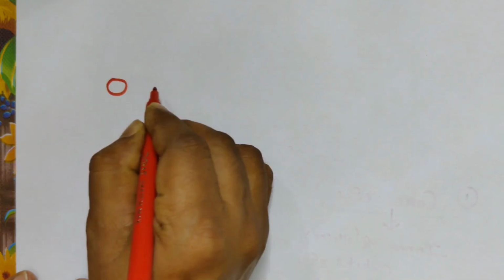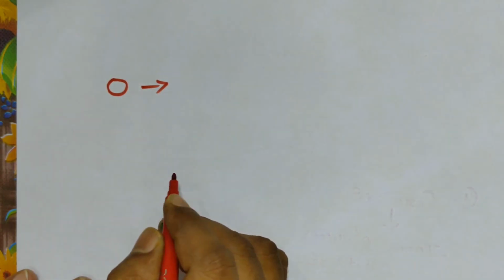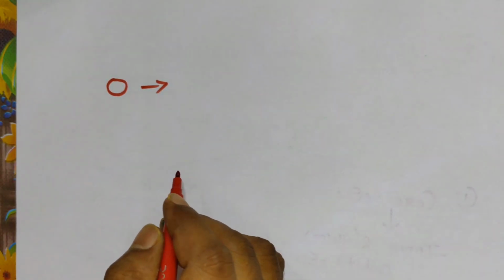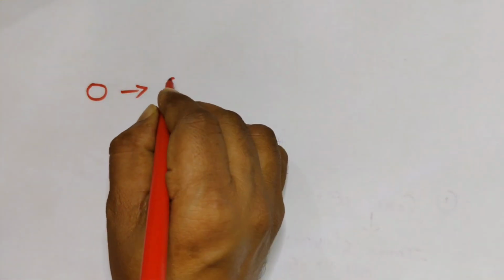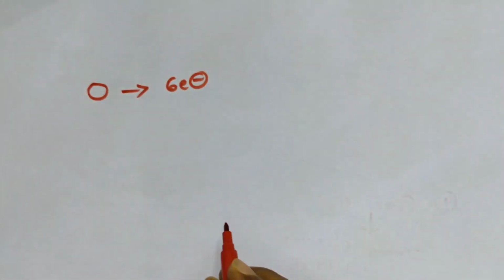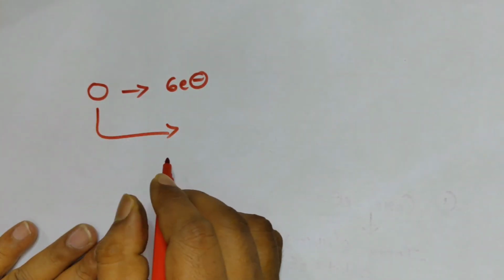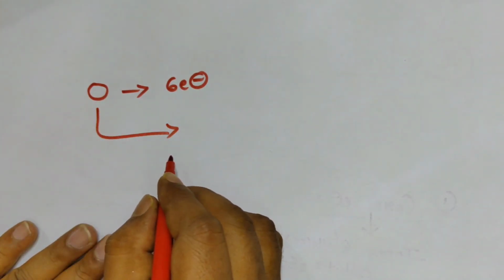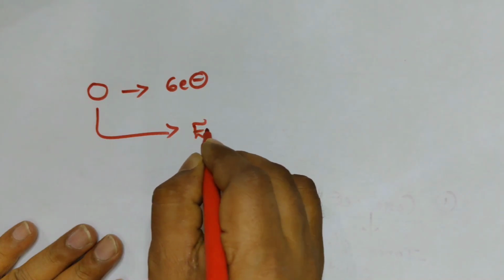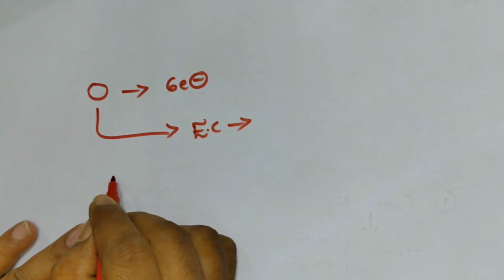First example is oxygen. In oxygen, how many valence electrons? Very good, 6 valence electrons. Sir, I don't know how many valence electrons. We can easily find out the valence electrons according to the electronic configuration. Do you know the electronic configuration of oxygen?